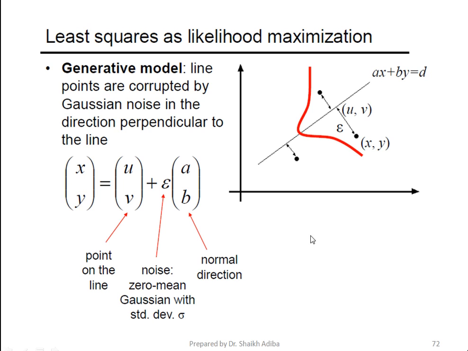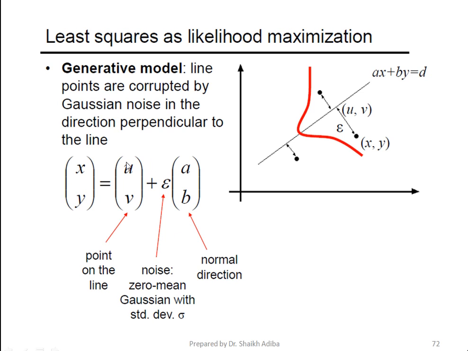See here we are assuming a model that is generated, and here we have a line, but these points are corrupted by Gaussian noise. Due to some noise, a type of Gaussian noise, these data points are corrupted. That is, they move away from the line in the perpendicular direction to the line. Let us call this Gaussian noise term e.